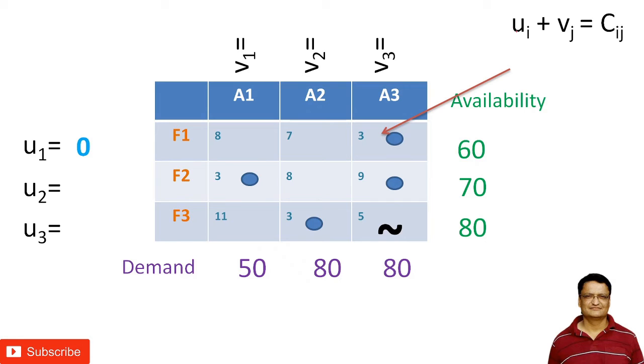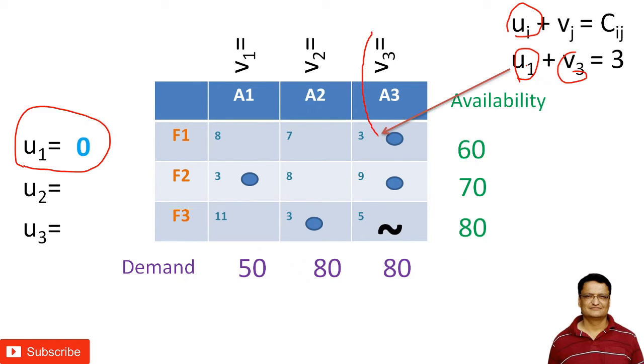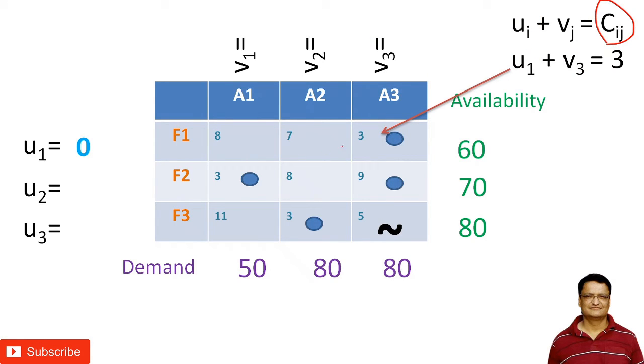So what is this ui? Sorry, ui is nothing but u1 because we are considering this cell, and we know that we have considered u1 to be 0. So corresponding v3, that we need to calculate. And what is this cij? Cij represents the cost in that matrix.